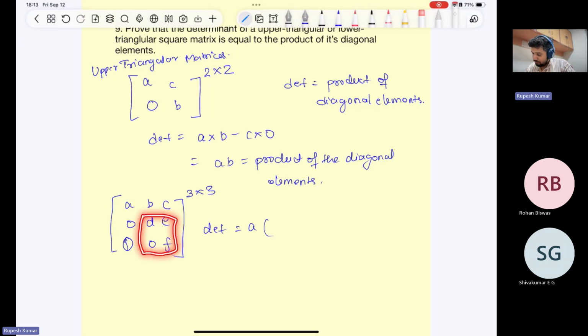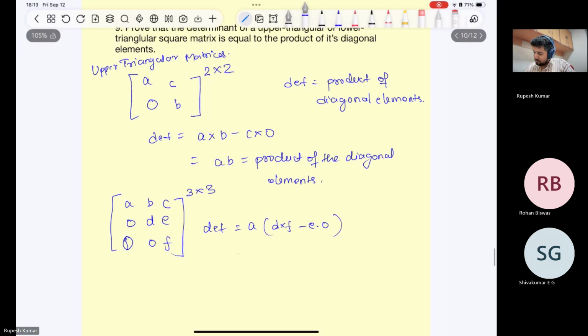And the minor matrix of A is this matrix. Everyone, I hope you are familiar with this, right? Now this is equal to A into D into F minus E into 0, right? Minus B into the determinant of the minor of B.